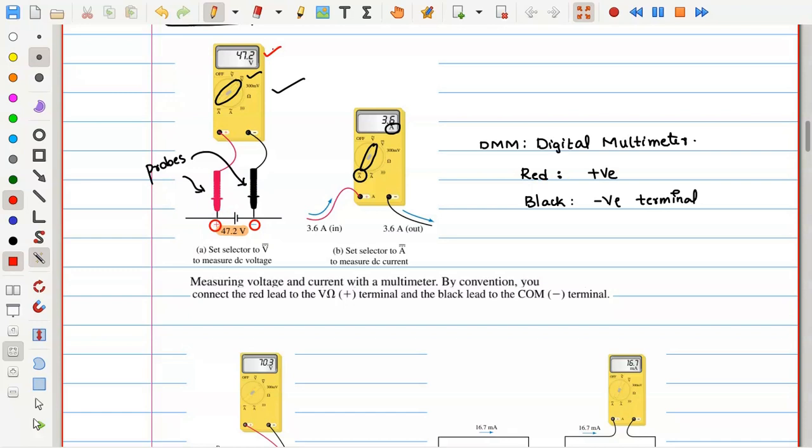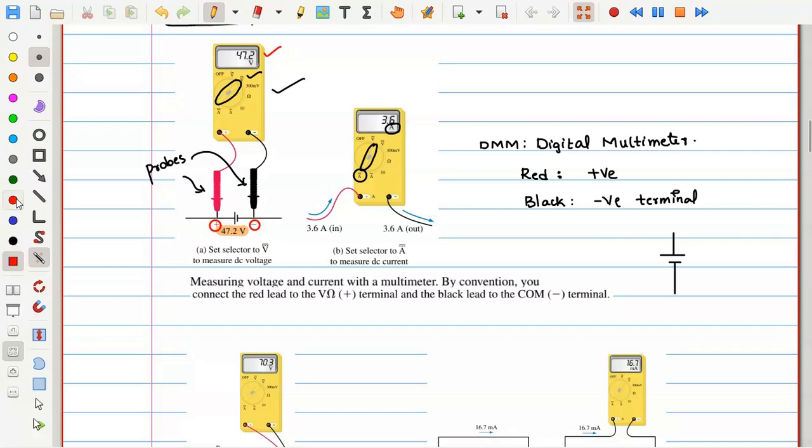Now tell me, if I had connected in reverse, what would I get? Like black on the positive terminal and the red probe on the negative terminal. What happens? We will get a negative reading.